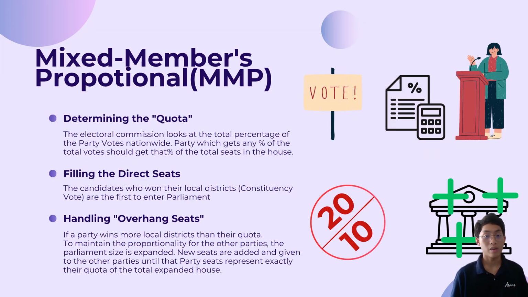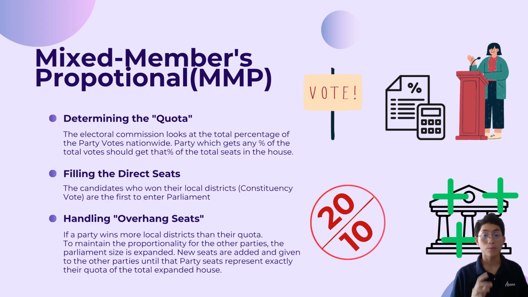And well, what we use is called the mixed member proportional system. First, like the old method, we determine the quota, but the second step is filling the direct seats, and third is handling the overhang seats.